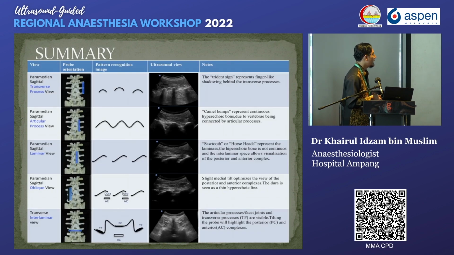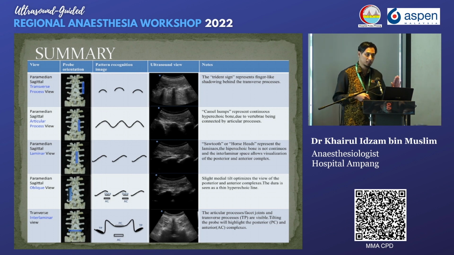As a summary, first we get our transverse process view about 3 cm lateral to the spine to identify the trident sign. Then we slide medially to get the articular process, and here we can identify our camel humps. After that, we slide more medially for the laminar view, and we can identify the sawtooth and horse's head.